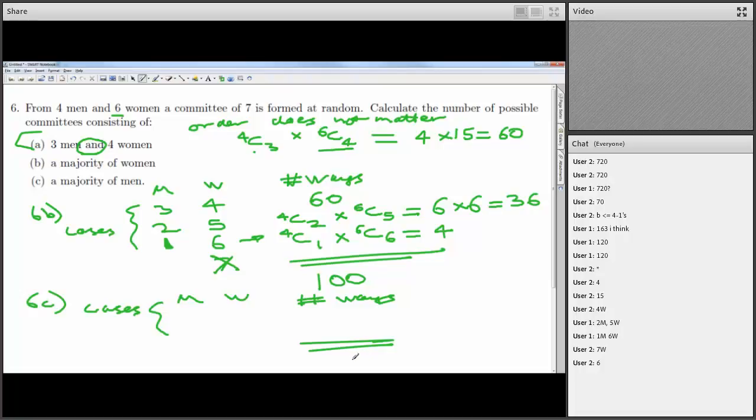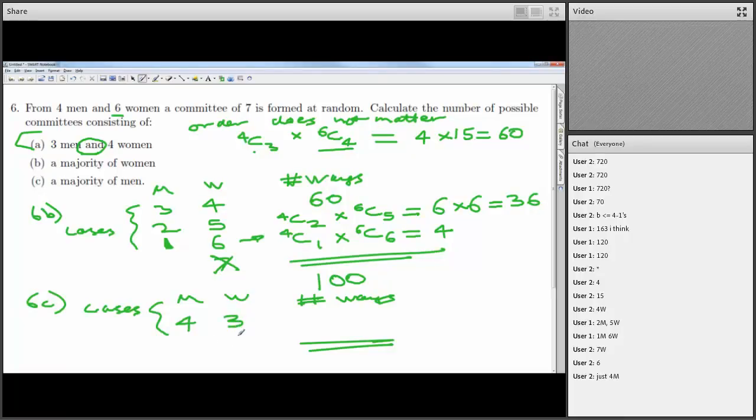Same approach. So how many different men and women would we have to get a majority of men? Yep, and as you just said, there's only just one case: you have to have 4 men, 3 women, that's it.